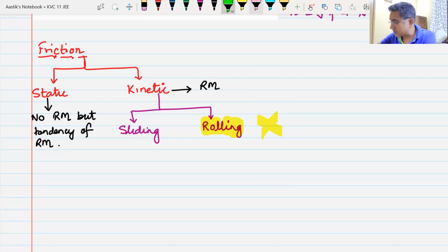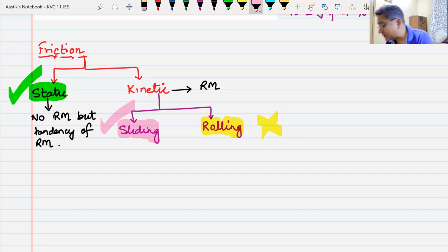In this chapter we would be studying static friction and sliding friction. The sliding friction comes under kinetic friction, so many books will say that we are studying kinetic friction. There is only one more type of kinetic friction, which is rolling friction, which we are not going to study.